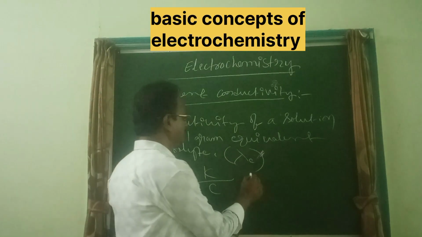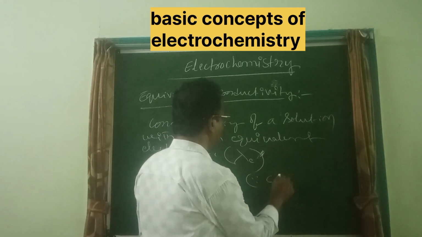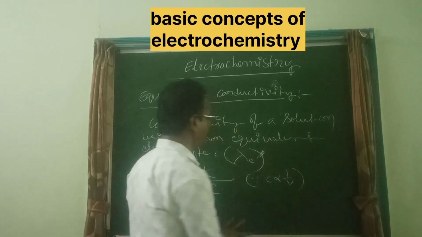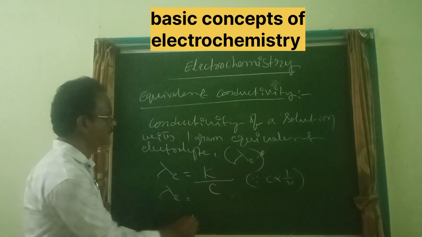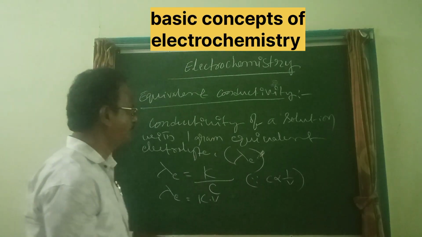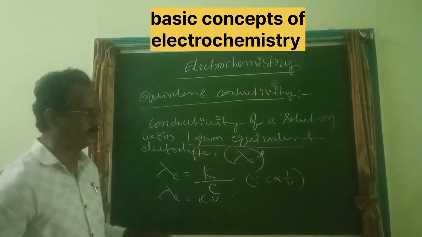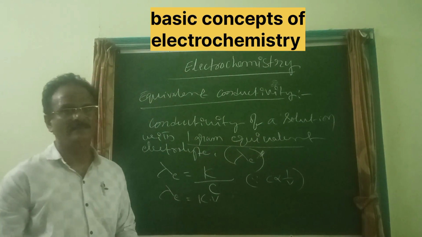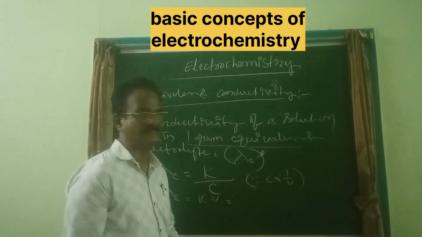Since C is proportional to 1 by V, lambda E is equal to kappa into V. Being 1 gram equivalent, there is no need to represent equivalent. Now let us go through the units.